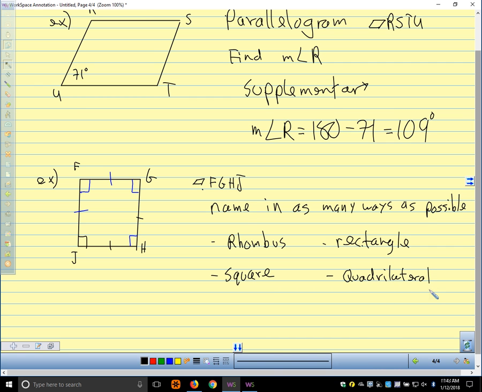So that would be all the different ways that we could classify that parallelogram. If the question asks you to give the most specific name, what would be the most specific name of that? Square. Square would be the most specific, because that tells you all this other stuff also.